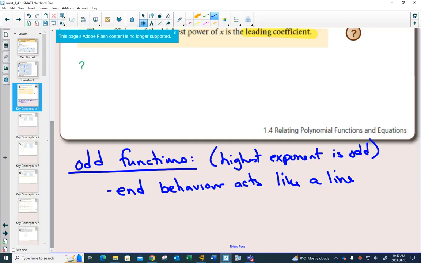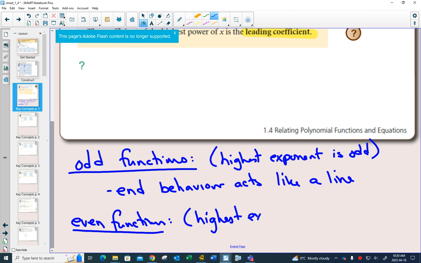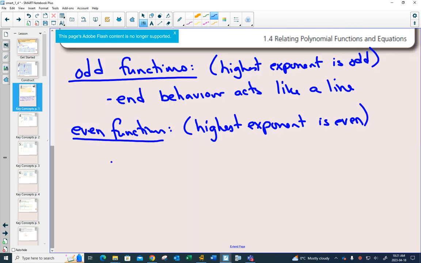And even functions, again, hopefully this is obvious, the highest exponent is an even number. Their end behavior acts like a parabola.